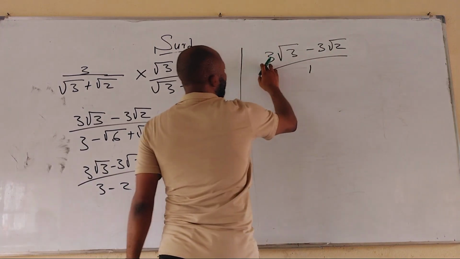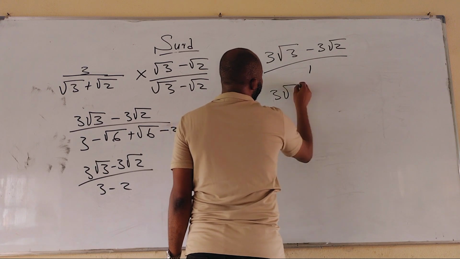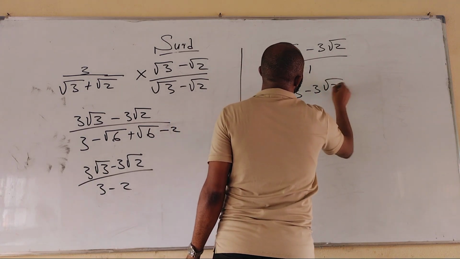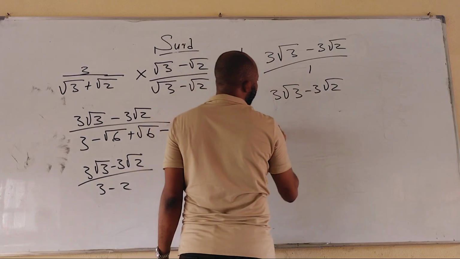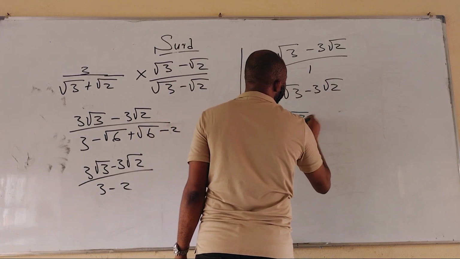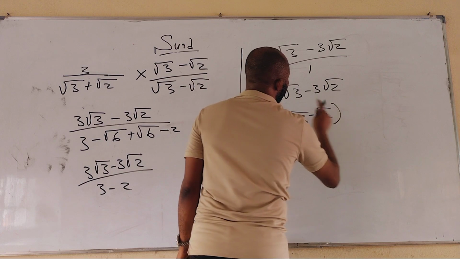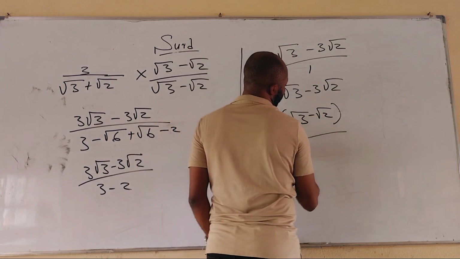Now, there is 3 here and 3 here. I can easily see 3 open brackets, root 3 minus root 2. This and this are all the same.